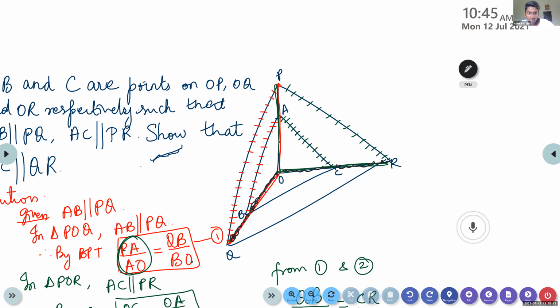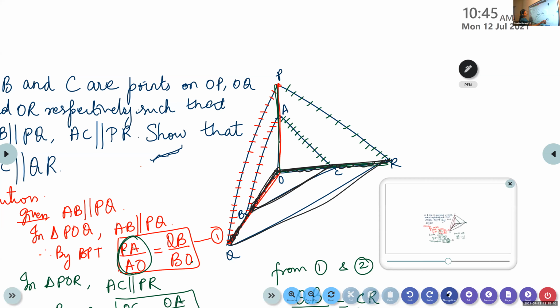In triangle QOR, we get QB by BO is equal to RC by CO. Sides are proportional. If the sides are proportional, then the line joining these two will be parallel. So BC will be parallel. We can use the converse. Here it is given proportional, so we can use the converse.